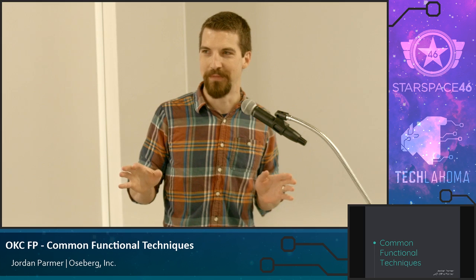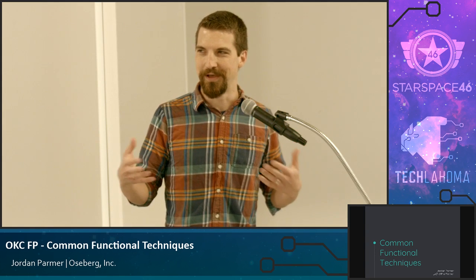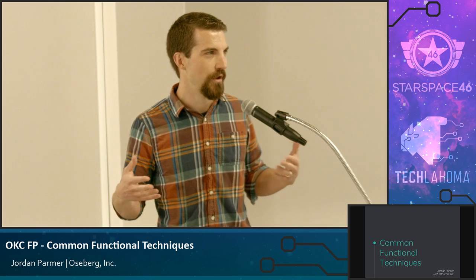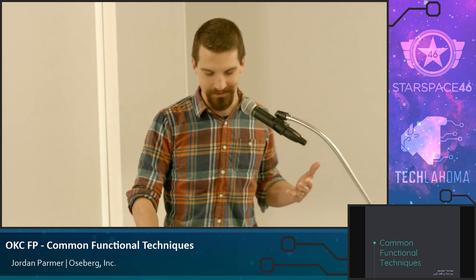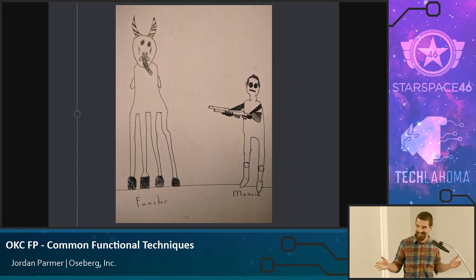Now, before I get started, this weekend I was working on this talk, and my kids were wondering what I was getting ready for. I tried to explain to them that I'm giving this talk at this user group, where people come and we talk about functional programming and category theory. They didn't really understand what that meant. So I said, tell you what, if you go draw a picture of what you think a functor or a monad is, I would put it up as the first slide. My oldest son took this challenge, and this is what he came up with.